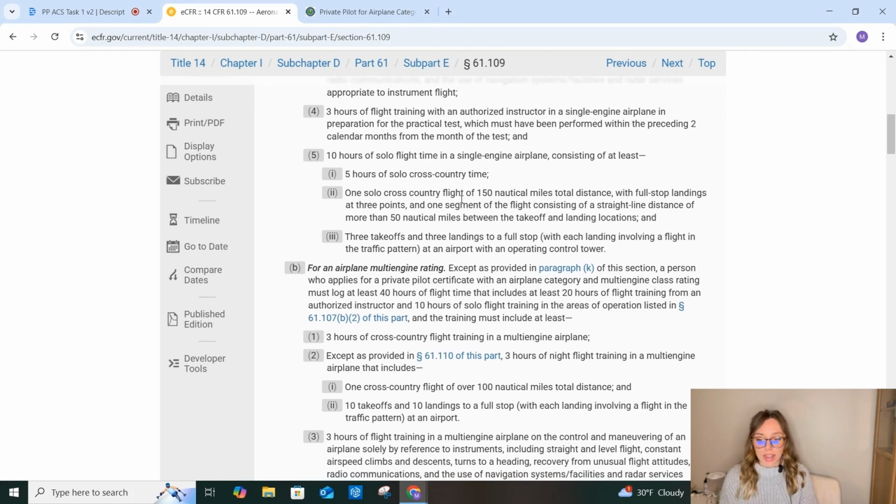Requirement 5 is 10 hours of that solo flight time that they were mentioning in the paragraph above, and it's asking for at least 5 hours of solo cross-country time, and one of those solo cross-country flights needs to be 150 nautical miles in total distance, with full stop landings at 3 points and one segment of the flight consisting of a straight line distance of more than 50 nautical miles between the takeoff and landing locations.